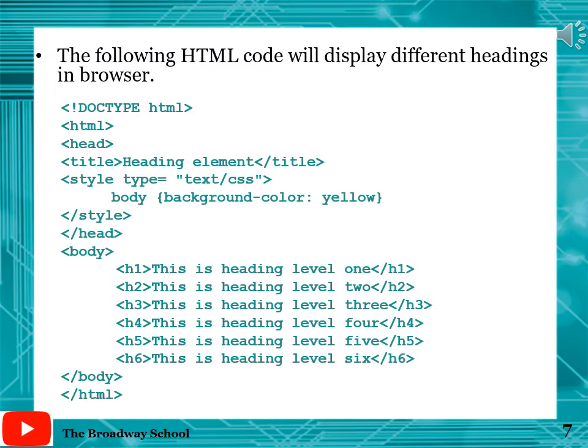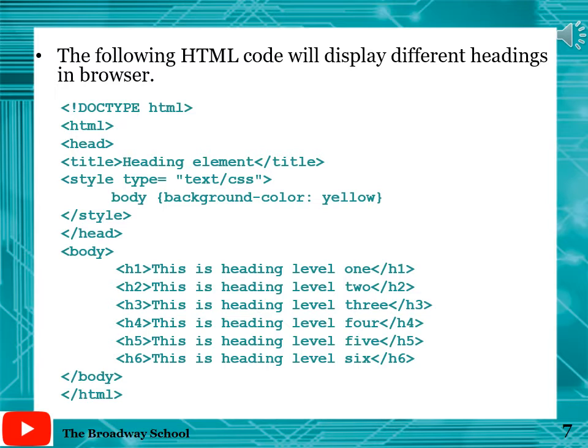The following HTML code will display different headings in the browser. Here you can see H1, this is heading level 1, H2, this is heading level 2, heading level 3, heading level 4, and heading level 6, end of body.